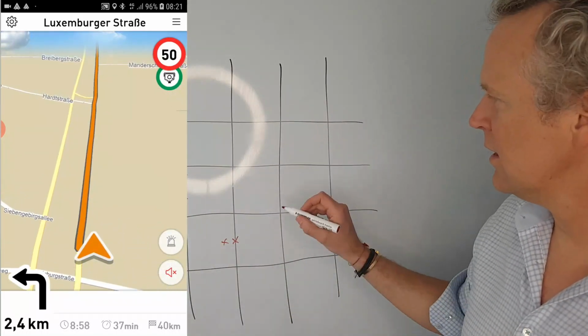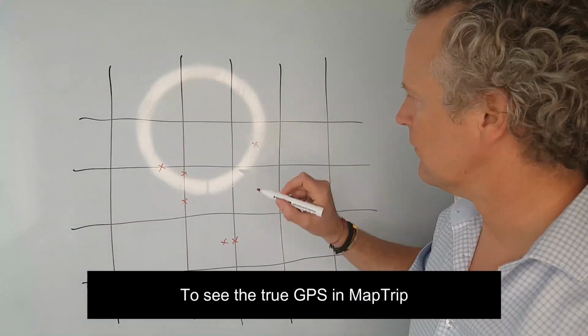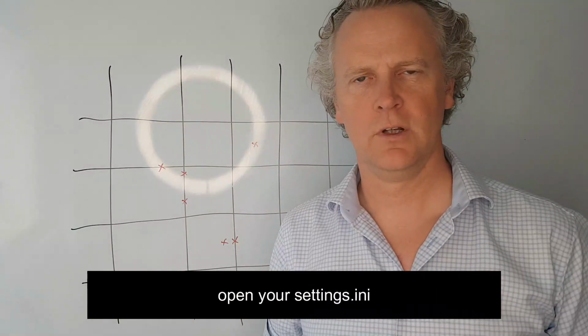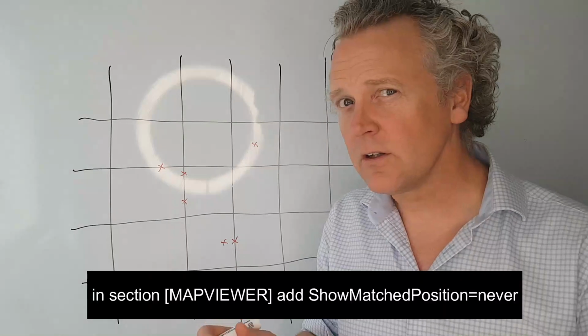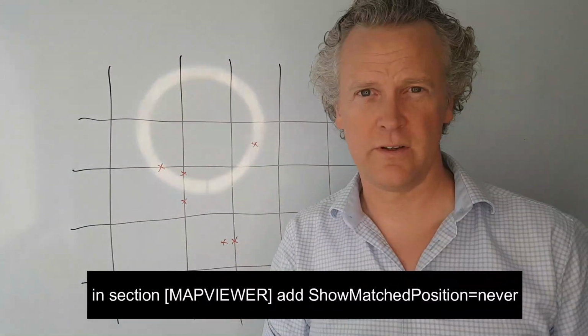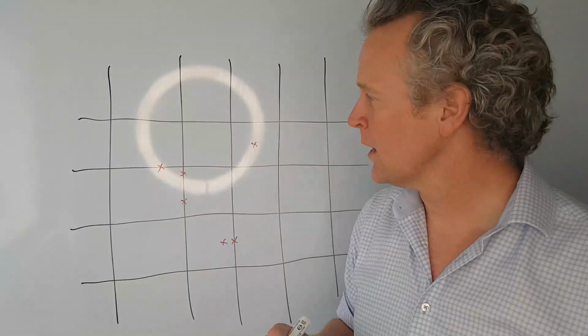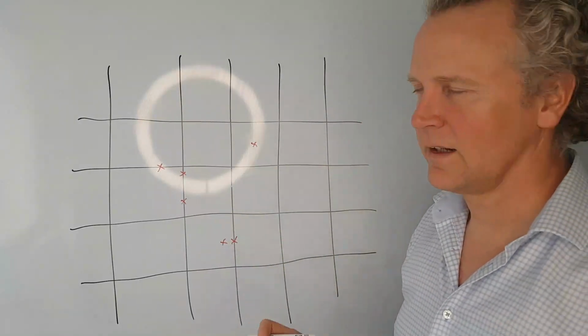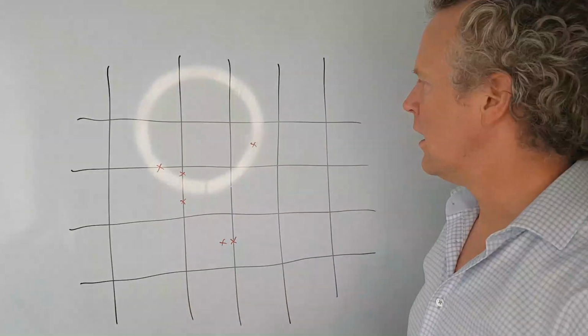But what happens if the GPS receiver says you're here? That can happen very often if you are in downtown areas where the GPS reception is not very good, or if you have not placed your GPS receiver in the perfect location, then you might get a result like that. So there, the navigation system doesn't have any chance of figuring out where you are.